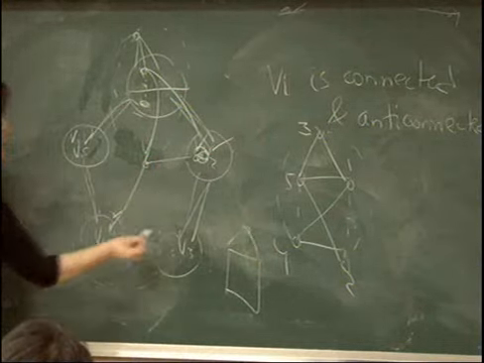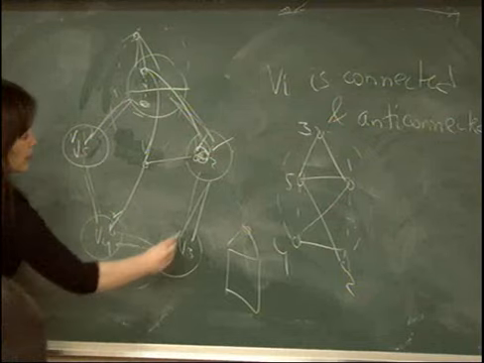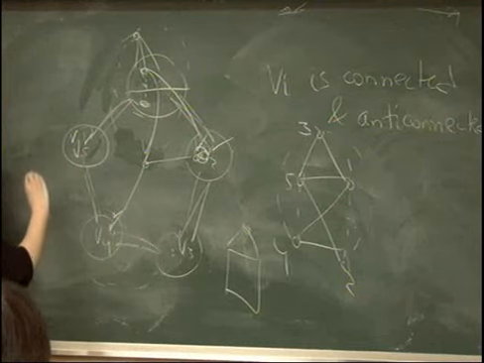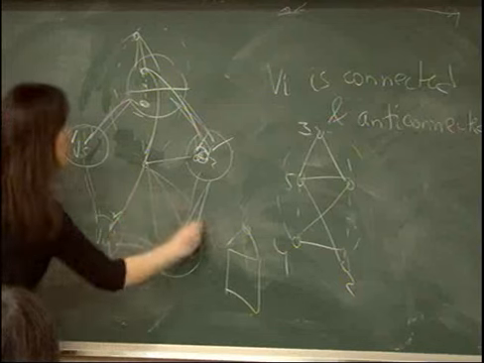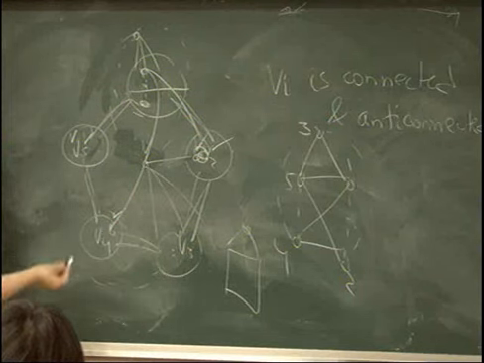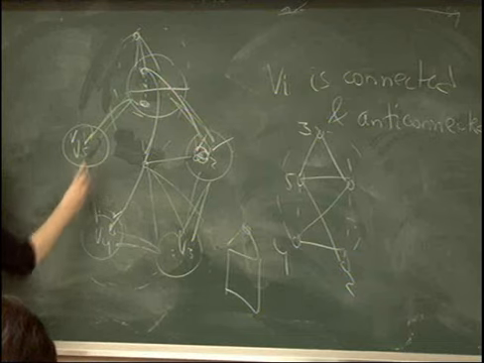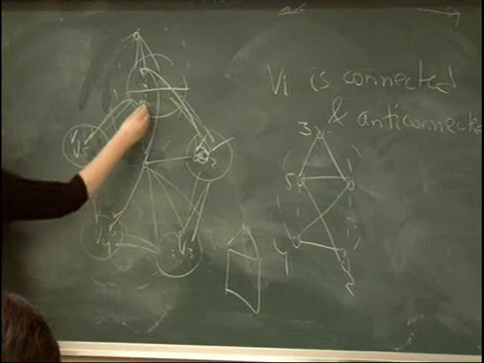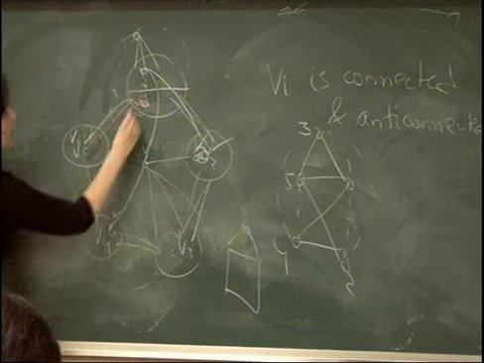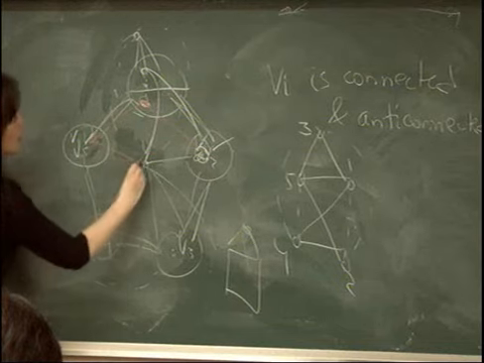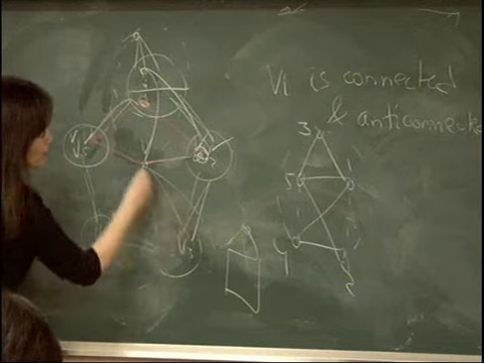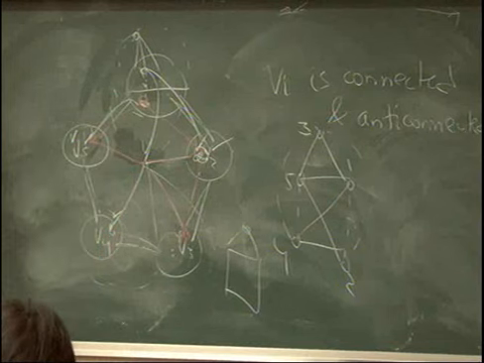So if we had a non-neighbor here, then I would take this square with that head. If V is complete to this, then let me take something else. Let me use the non-neighbor here. Let me take this square with this head. So in all cases, I get a 4H antipath.